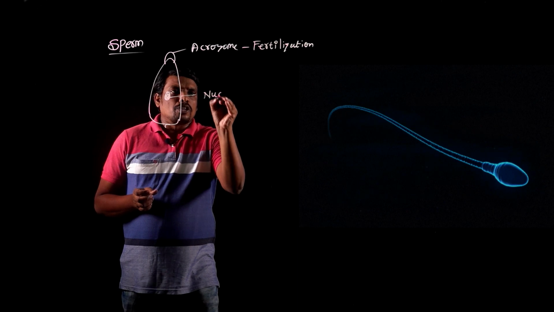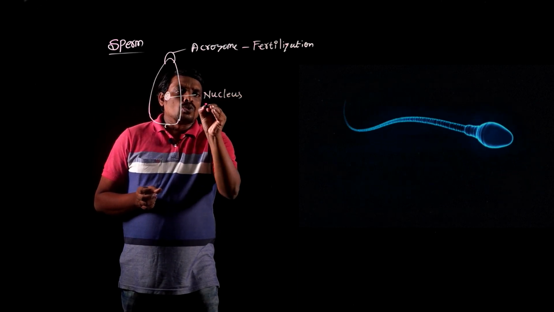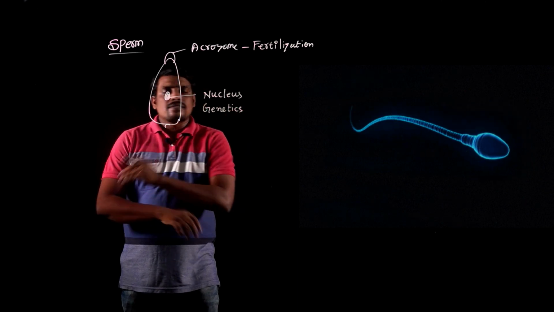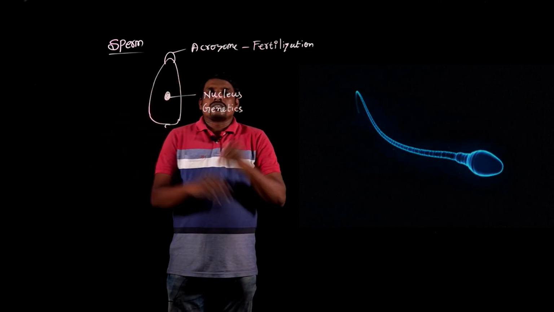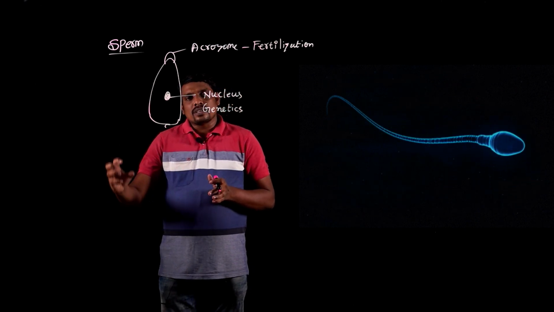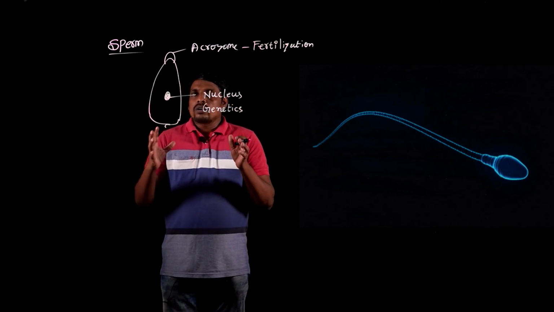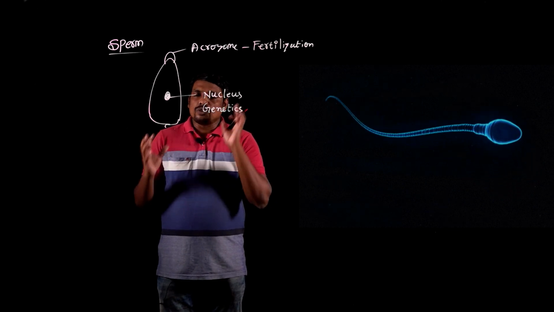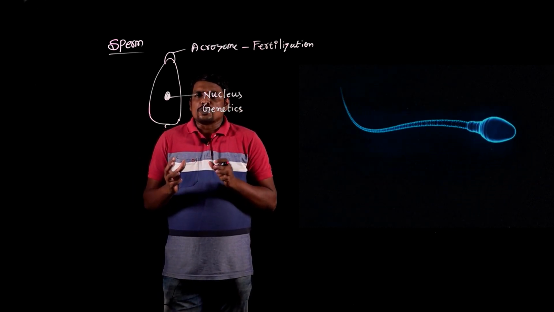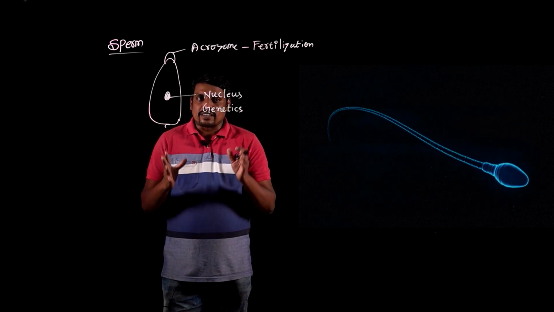The same head contains the nucleus. The nucleus stores the genetic information. So the hereditary characters from the parents, especially from the father, enter into the baby or the fetus through this nucleus itself. The nucleus plays an important role in the transmission of inheritable characters.